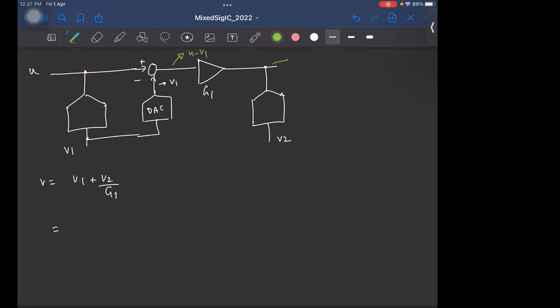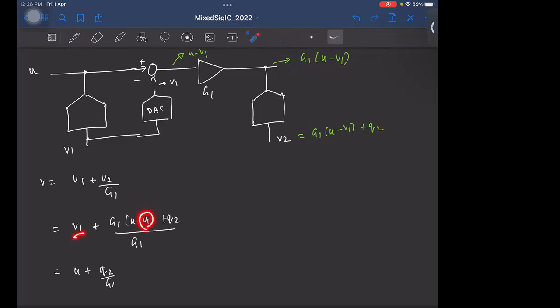So this will be G1 times U minus V1. So V2 will be the input, which is this, plus quantization noise of that ADC. So if you put the expressions here, what you get? G1 times U minus V1 plus Q2. So that is V2, right? Divided by G1. And this is what finally you get, right? So this minus V1 and plus V1 cancel each other.